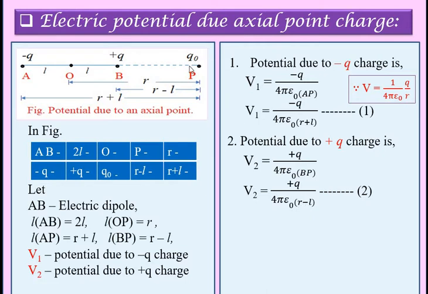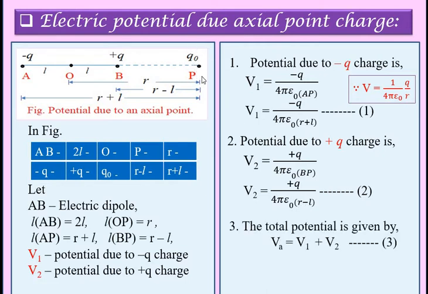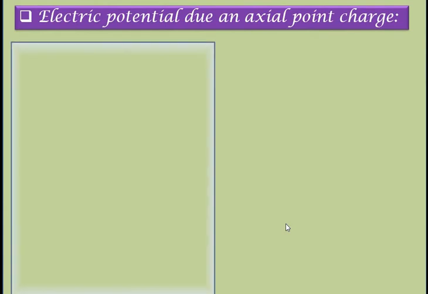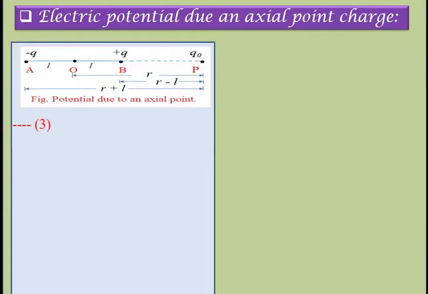The total potential at point P can be calculated by adding these two equations. Therefore, VA, A for axial point, VA is equal to V1 plus V2. Put equations 1 and 2 in equation 3.